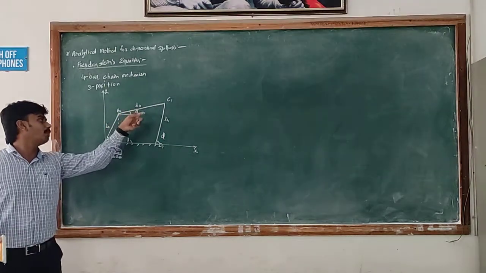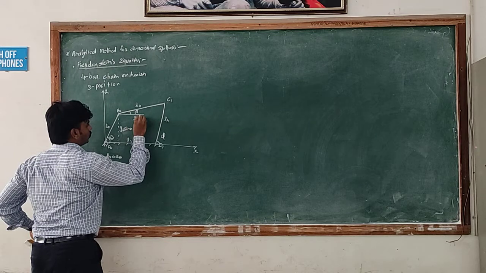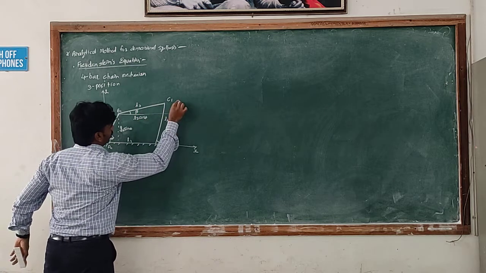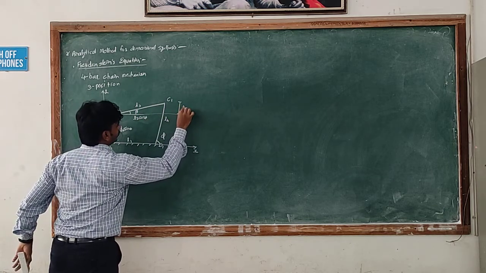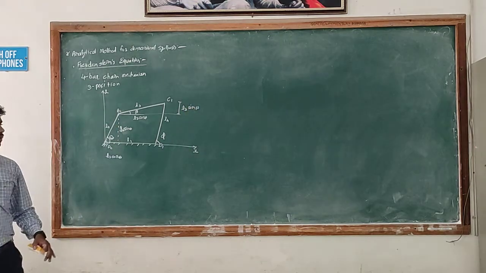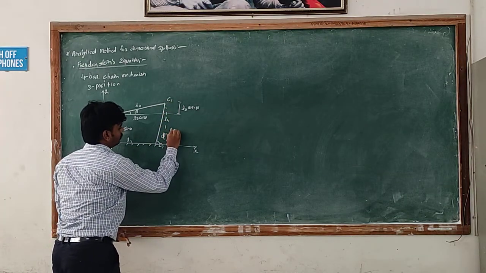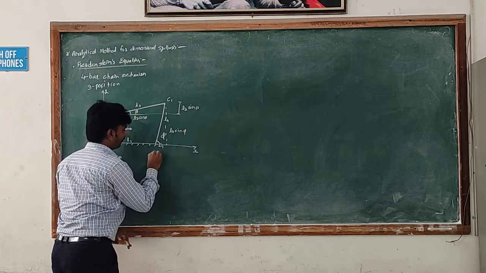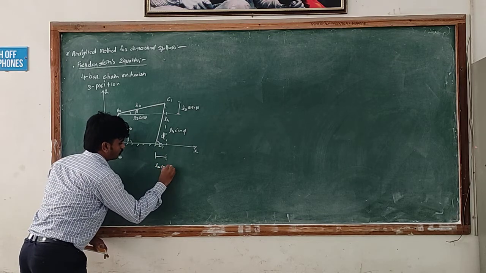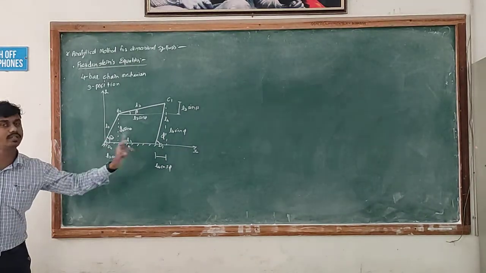Similarly, the horizontal component of L3 is L3 into cos of beta, and the vertical component of L3 is L3 into sine of beta. Similarly, the vertical component of L4 is L4 into sine of phi, and the horizontal component of L4 is L4 into cos of phi, and this length A1 to D1 is L1.